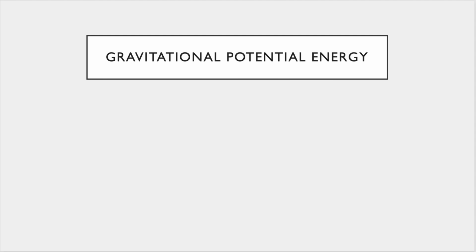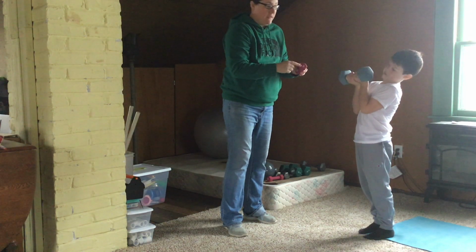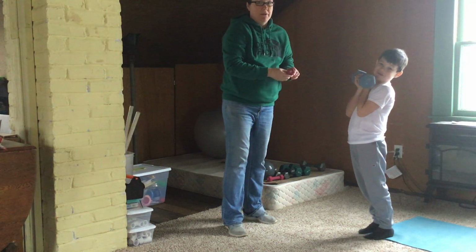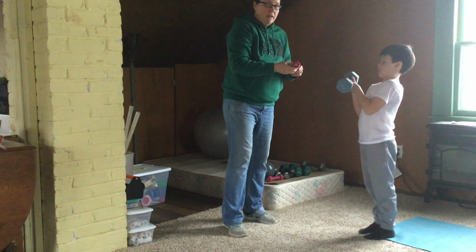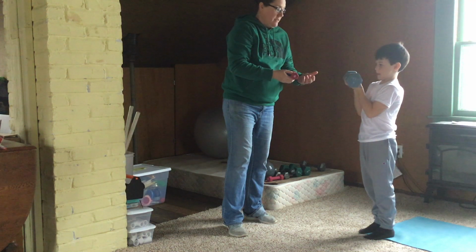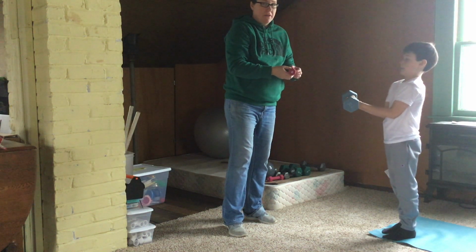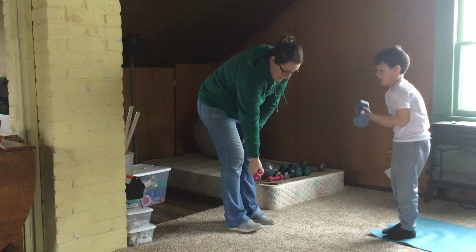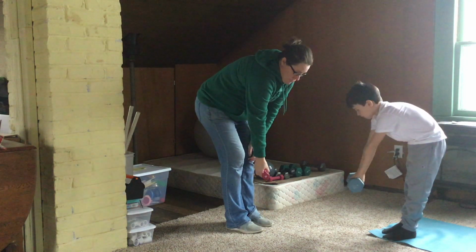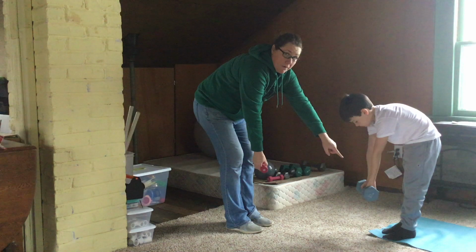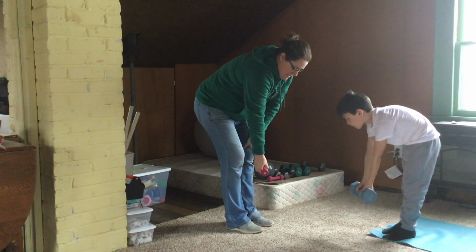In this next part, I'll show you with my son how that works. So we have a 2-pound weight and a 10-pound weight. With potential energy, the more mass, the more potential energy. Also, the higher you hold it. So if you hold it down here and drop it, it'll hurt. That'll hurt more than this one.